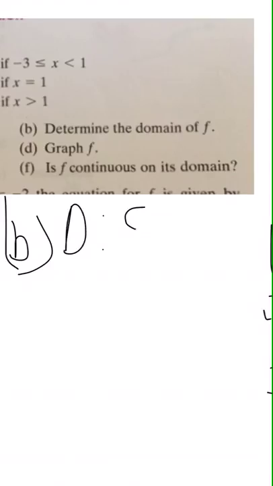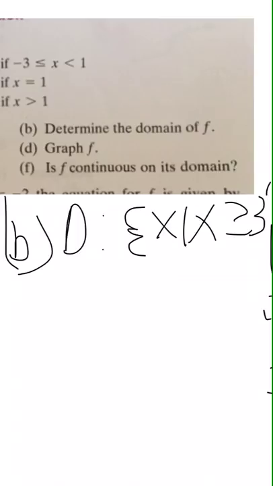Now for part B, it says determine the domain of f. If you notice, it's defined for any x value greater than or equal to negative 3. So for part B, you could say the domain is the set of all x values such that x is greater than or equal to negative 3.